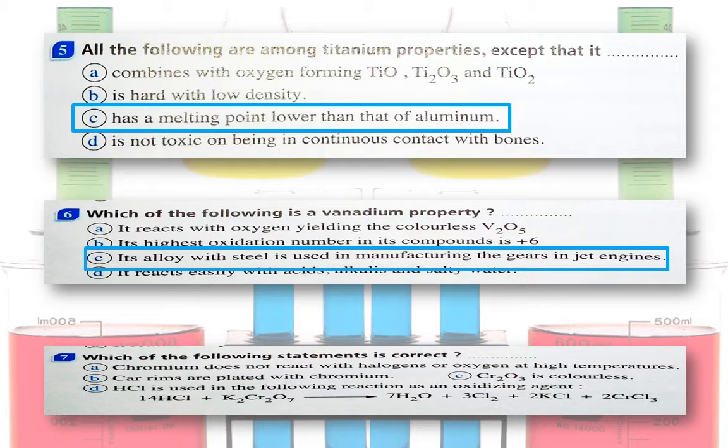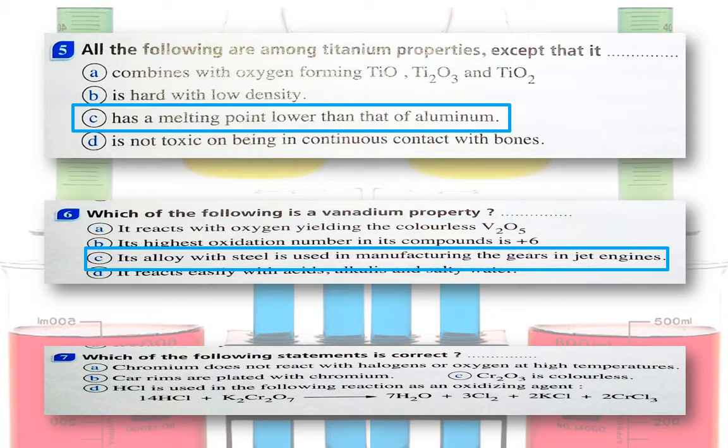Another question. Which of the following statements is correct? We have here: chromium doesn't react with halogens or oxygen at high temperature. Car rims are plated with chromium. Chromium 2 oxide is colorless.